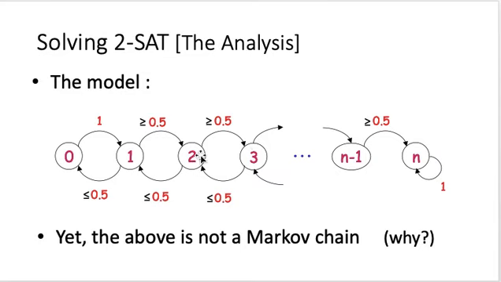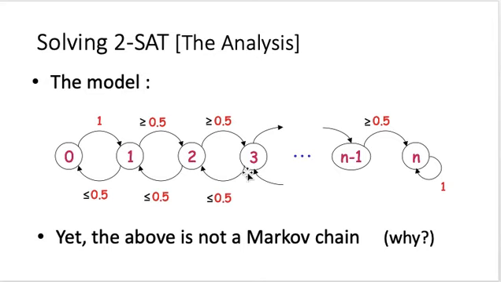So in that case, the probability that we move from state 2 to state 3 could sometimes be equal to 0.5, could sometimes be equal to 1. So I'm using greater than or equal to 0.5 to represent this. This is a high-level model to describe what is going on when we run our algorithm.